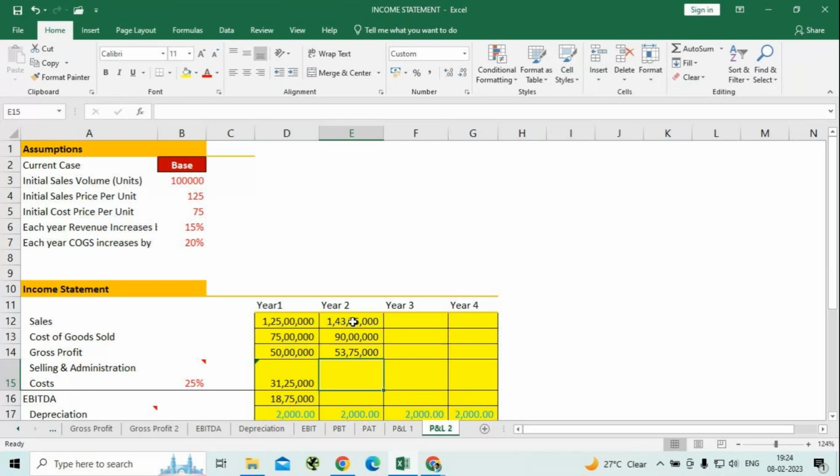Then here you are going to calculate 25% of the revenue value as selling and distribution.